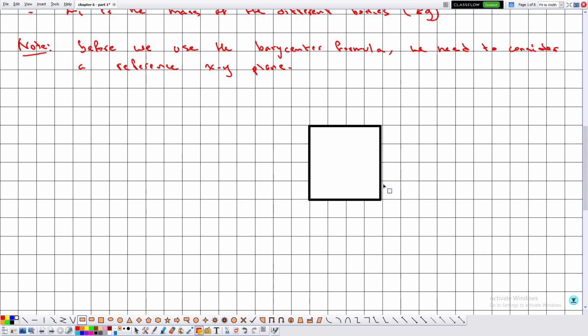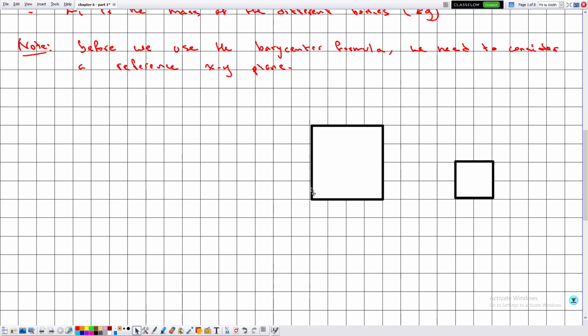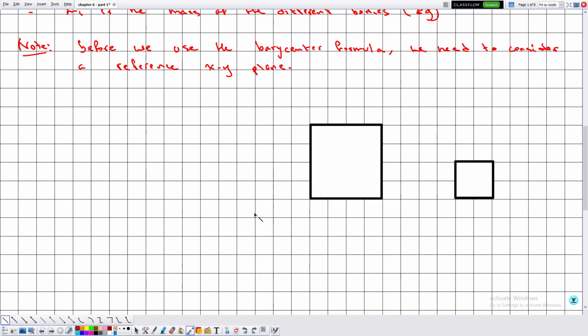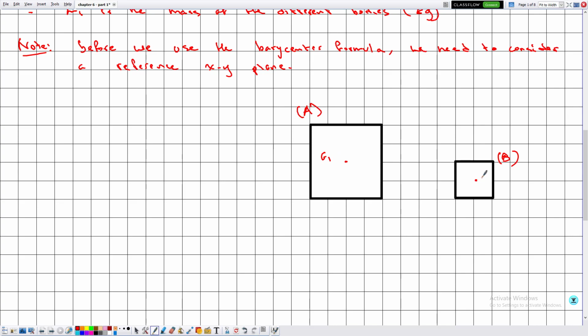This is the object A and this is the object B, with centers of gravity G1 and G2 respectively.